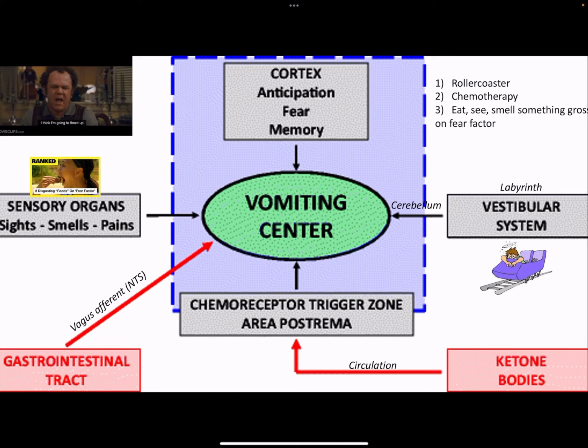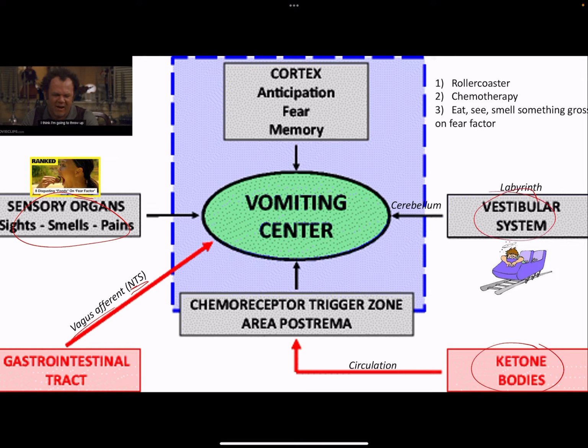There's a lot of things that go into throwing up. If you're on Fear Factor, all the things you're seeing and smelling and pain, those nerves are going to go to a vomiting center. We have the NTS, which we said is one of our 4 tracts for the vagus nerve, picking up the poison that we just drank. But then literally there are just things circulating which can interact with the chemoreceptor trigger zone in the area postrema.